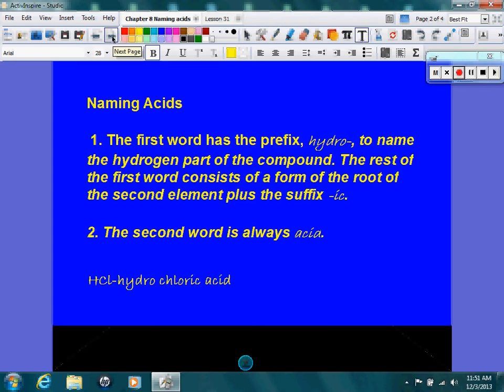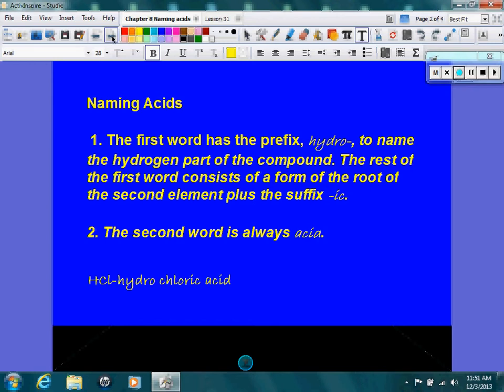We're going to talk about binary acids first. The first word has the prefix hydro to name the hydrogen part of the compound. The rest of the first word consists of a form of the root of the second element plus the suffix ic. The second word is always acid.